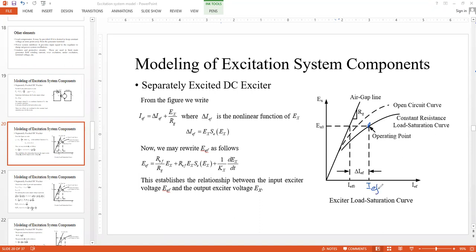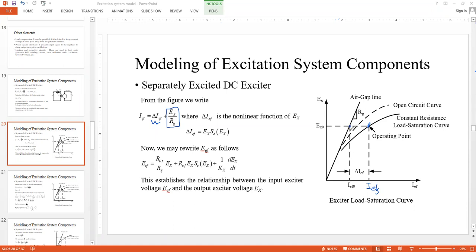Then this IEF could be written as some incremental change in IEF from some fixed value, the initial operating point, or some steady state operating point of IEF.